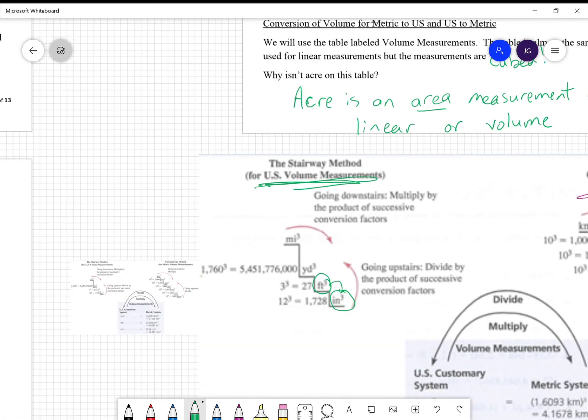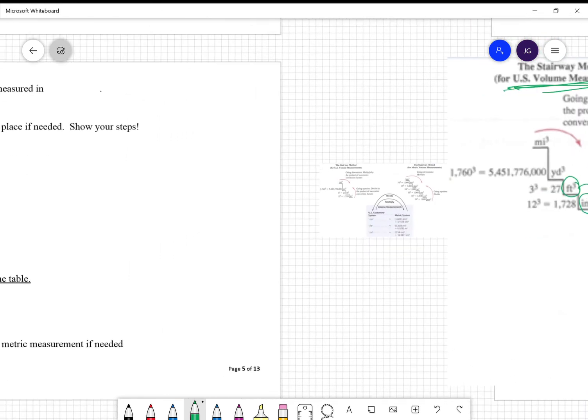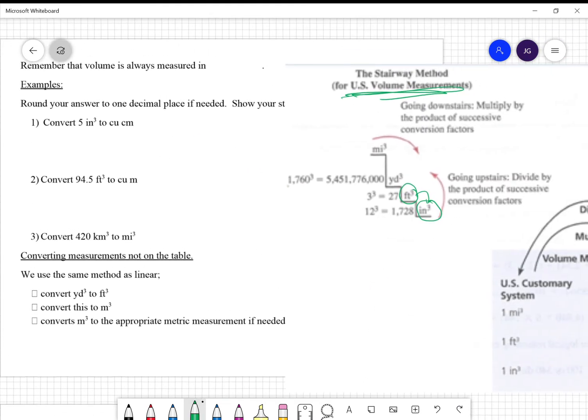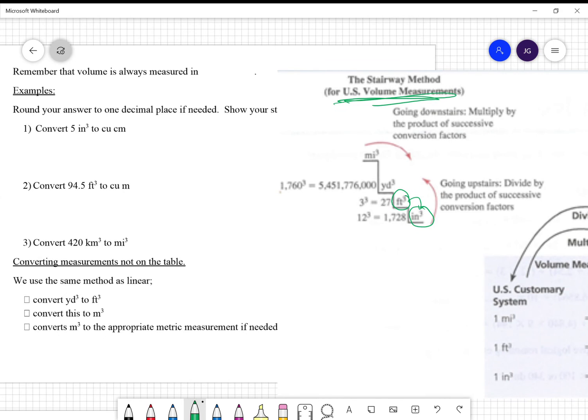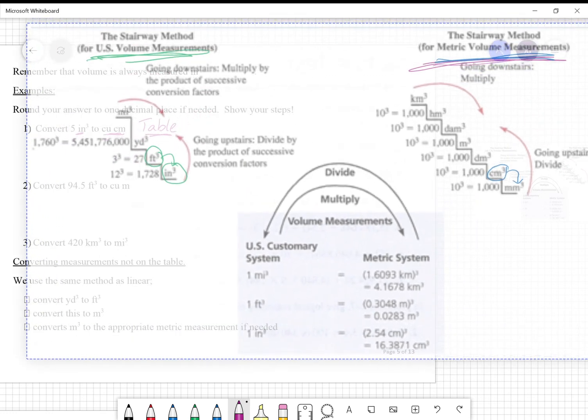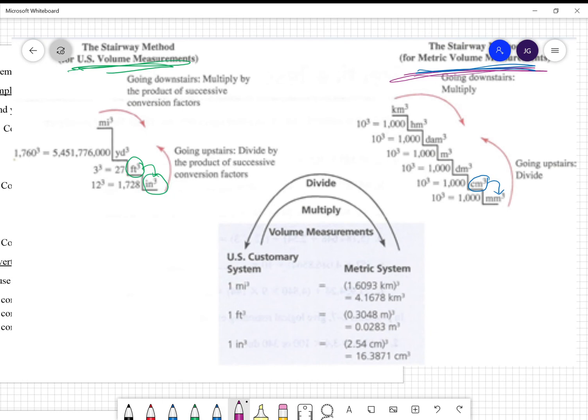Okay, so let's do some of these examples. Convert 5 cubic inches to cubic centimeters. Right away you should be able to tell that you need to use that table. Now I have cubic inches here, and it will convert to cubic centimeters. I'm going in this direction, so I'm going to multiply.